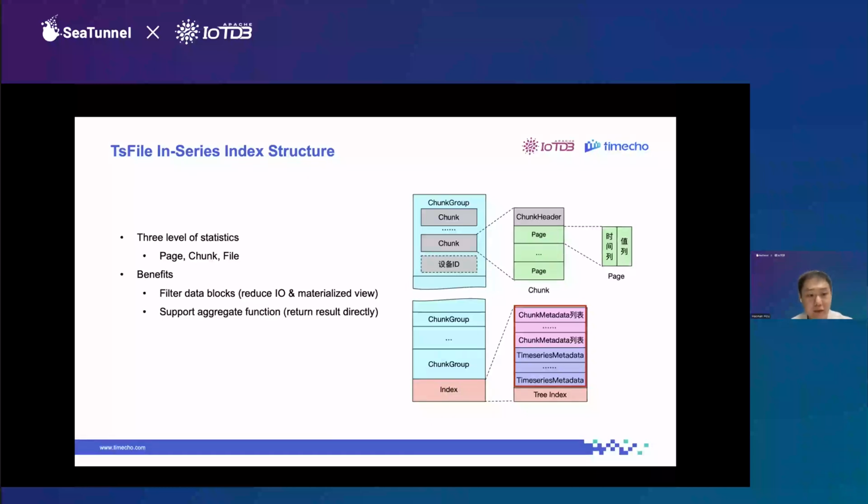The benefit is that this structure can filter the data blocks, which means we can reduce the I/O and materialize the view for the query. It also supports aggregate functions, and we can return the result directly from these statistics.